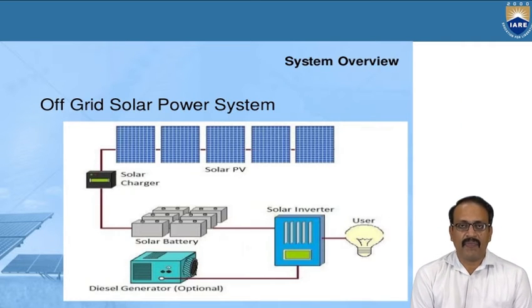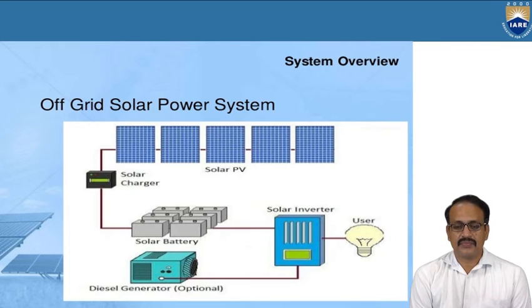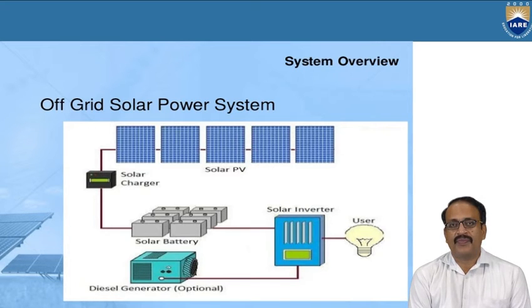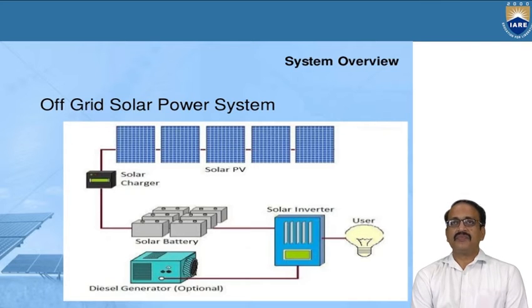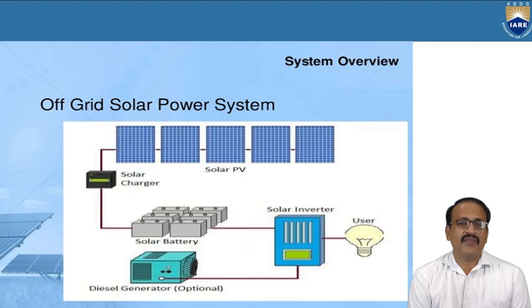Any system that we are generating for the purpose of isolation, that means the power which we are developing is not connected to the grid, is called a standalone system or off-grid system.